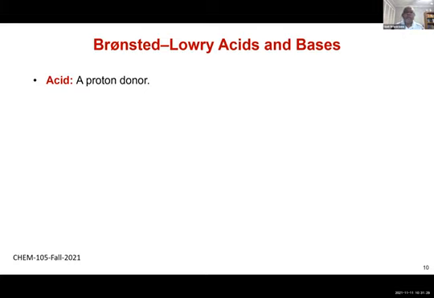So in that case, we have to focus on proton transfer between acids and bases. Acid donates protons, base accepts protons. These are called Bronsted-Lowry acids and bases. Their definition is a little different from the Arrhenius acid-base definition.